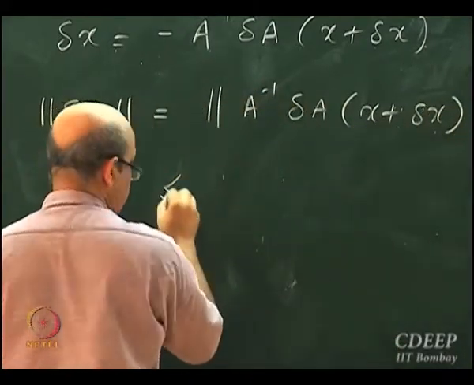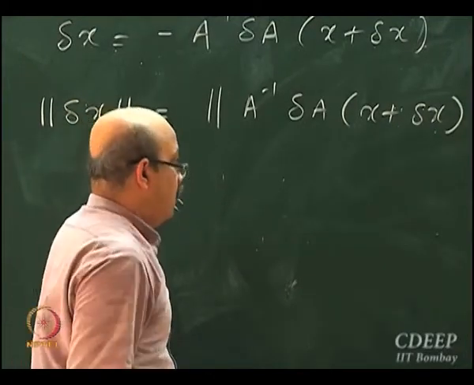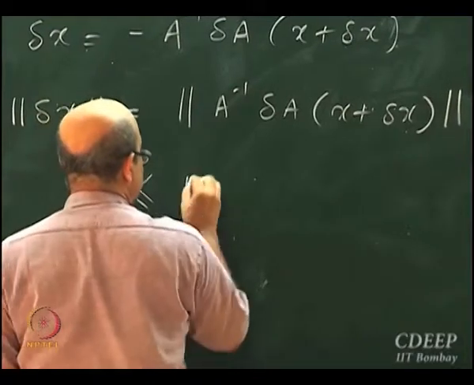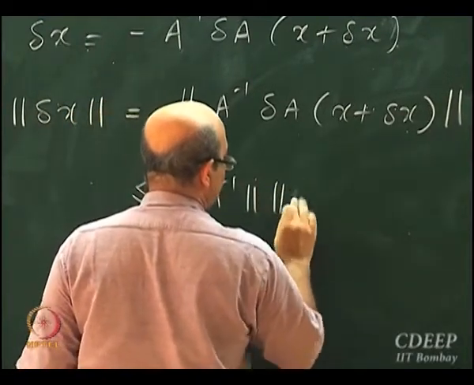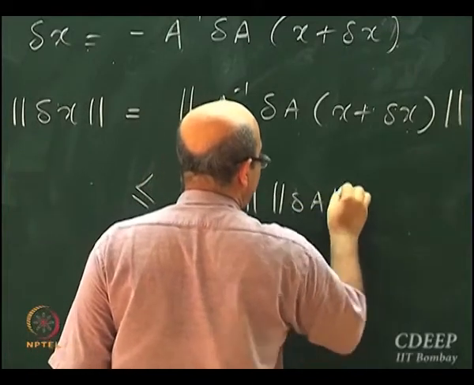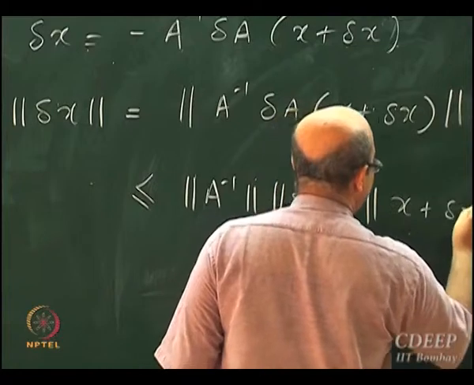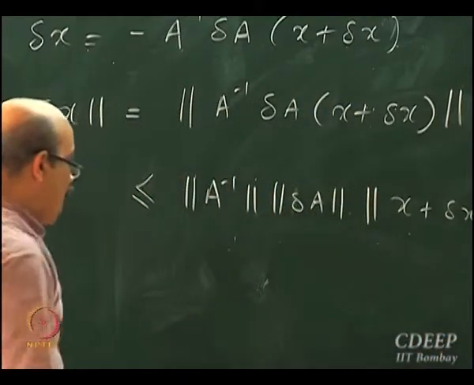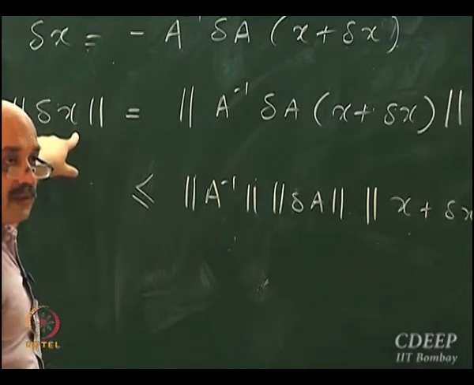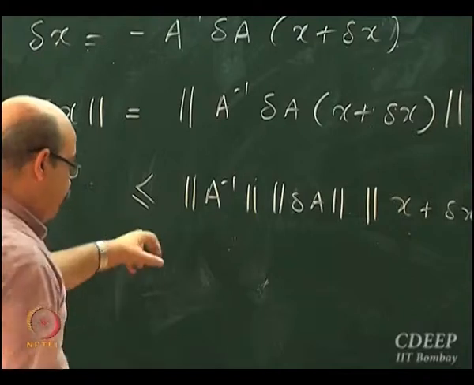using the fundamental inequality of matrices. I can write this as norm of A inverse, norm of delta x, okay, is always less than.